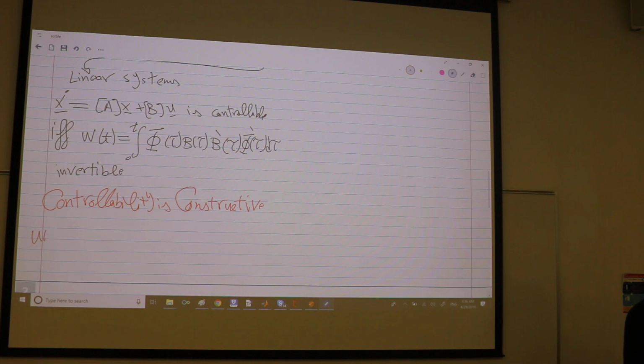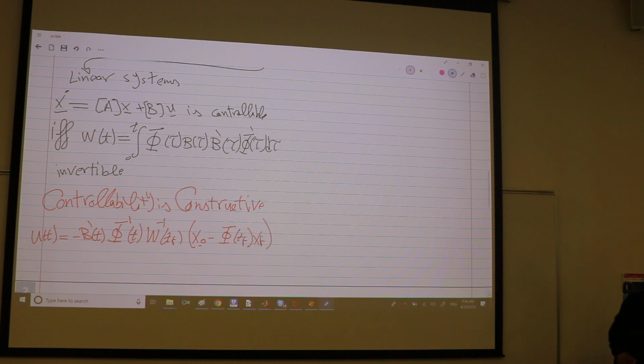Here is the solution. U of t equals negative b transpose of time times phi. I guess this is transpose. You need to check this because it's complicated. This is t. W inverse. You just told me that W is invertible. As a consequence, if I can invert it, here is the control law that steers you from x0 to x final. This is phi of t final x final.